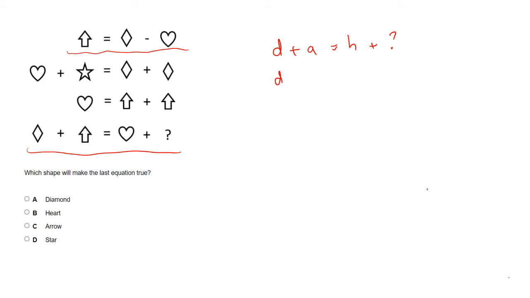So we get diamond plus diamond minus heart is equal to heart plus question mark. And then we can just tidy that up a bit and get 2 diamonds. And then if we move that heart over to that side, 2 diamonds minus 2 hearts is equal to question mark. So 2 lots of diamond minus heart.